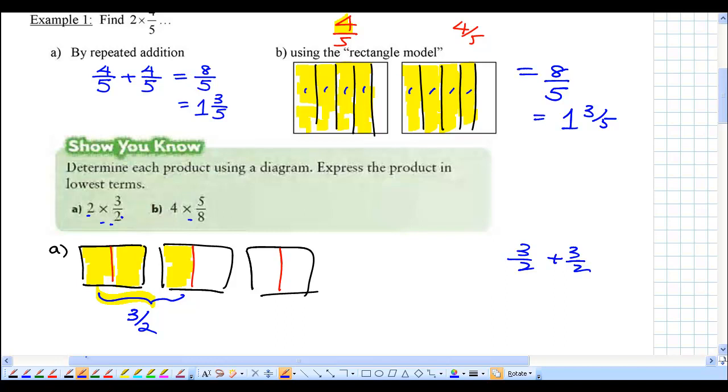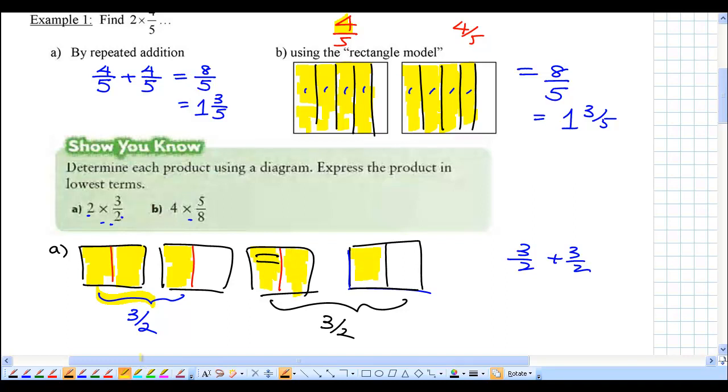I'm doing 2 of them, right? So where's my next one? I guess I'll start drawing one more over here, and I'll split that in half again. Now, how many should I shade in over here to show me another 3/2? 3, thank you. So let me shade in 3 of them. 1, 2, 3.